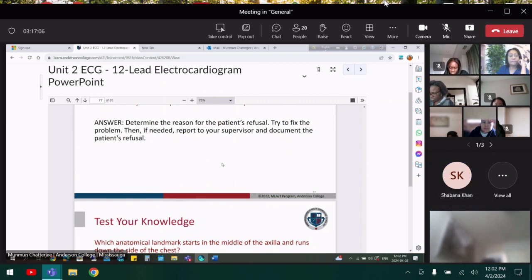V1 is the right side of the fourth intercostal area. V2 is placed where?